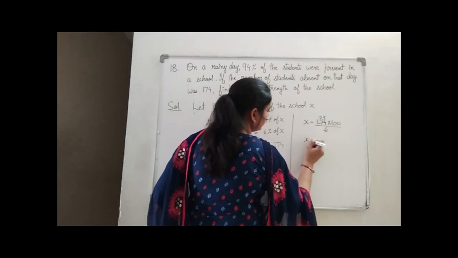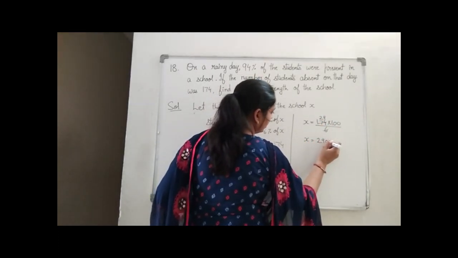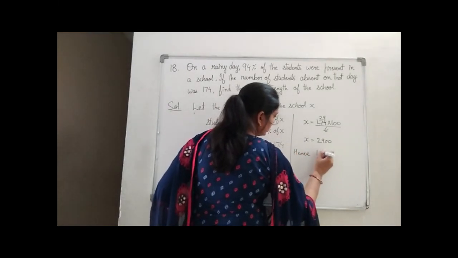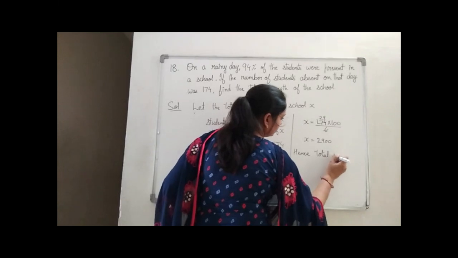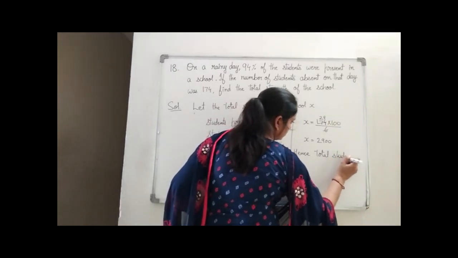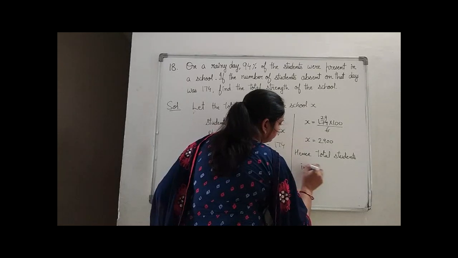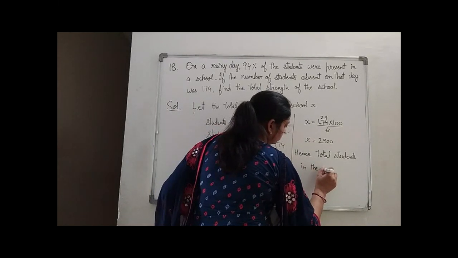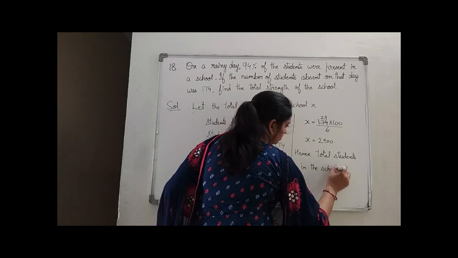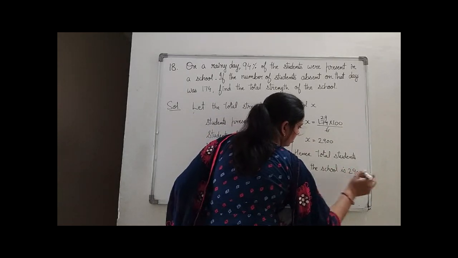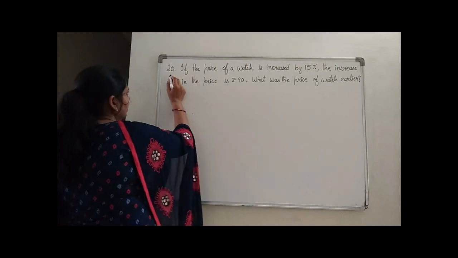So x is equal to 2900. Hence, total student in the school is 2900. Okay.